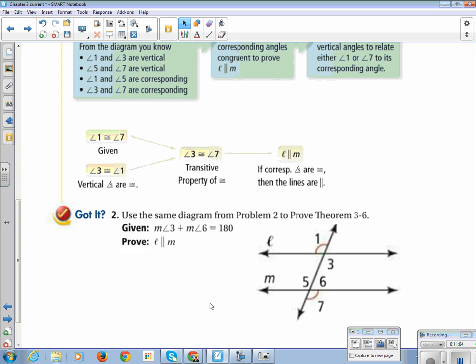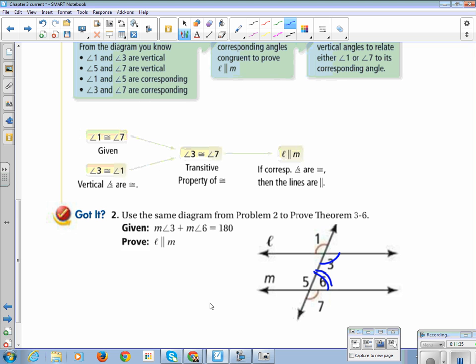To prove theorem 3-6, we are given that the measure of angle 3 plus the measure of angle 6 adds up to 180. So here's 3, here's 6. Oops, they're not congruent. So 3 and 6 add up to 180.